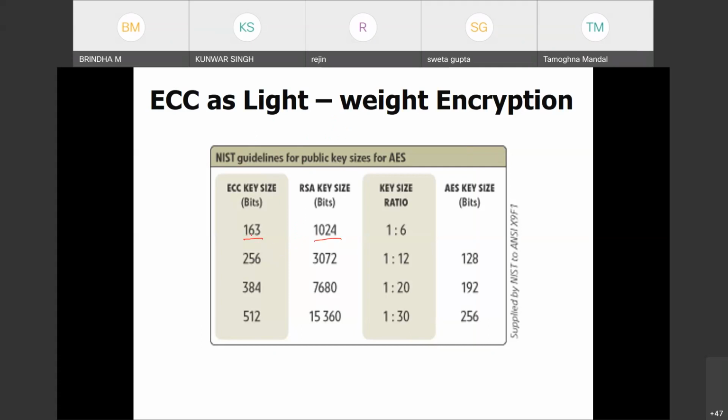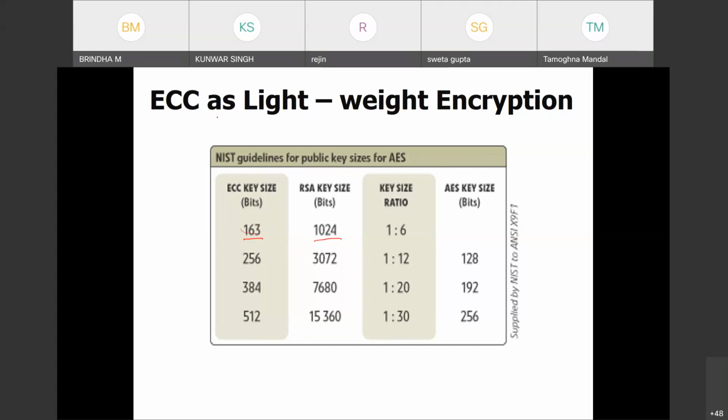ECC has only 163 bits and RSA has 1024 bits, so the number of bits is less in ECC and very much more in RSA. Obviously, when the numbers are smaller, the required computation will be less, so ECC is much more efficient compared to RSA.